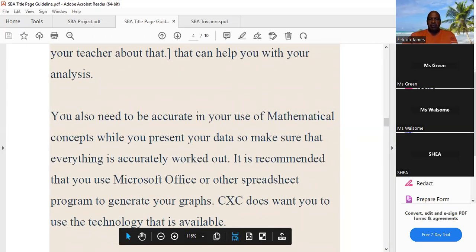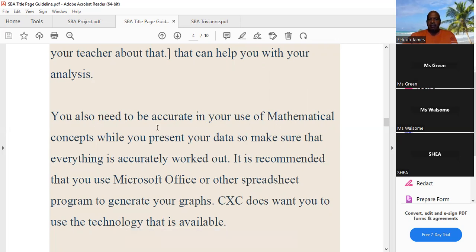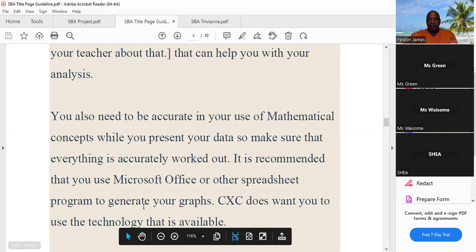Now you also need to be accurate in the use of mathematical concepts while you present your data. So make sure that everything is accurately worked out. It is recommended that you use Microsoft Office or another spreadsheet program to generate your graph.